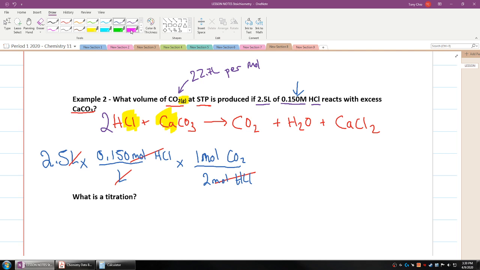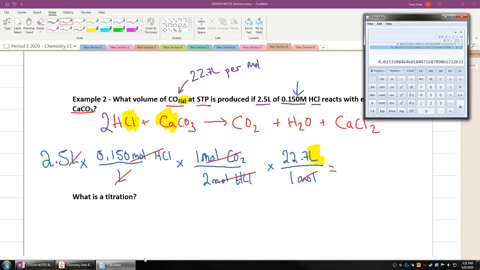My last step is to solve for the volume of CO2, which I can do using STP, 22.7 liters per 1 mole. Now moles of CO2 cancel out, so I'm just left with the volume of CO2. If I plug all these values into my calculator, what do I get? I have 2.5 times 0.15 divided by 2 times 22.7.